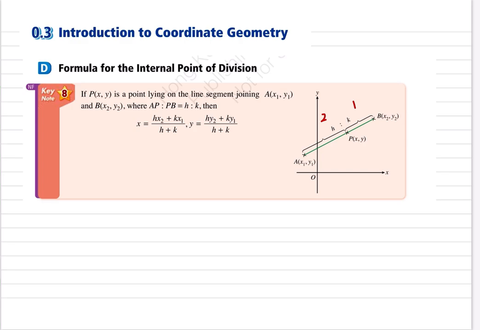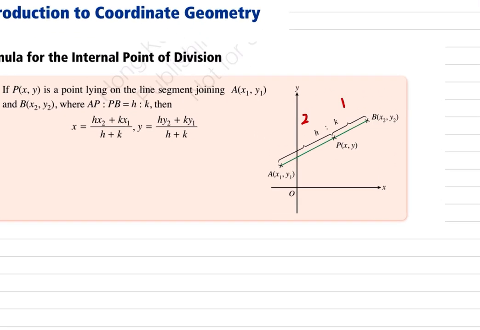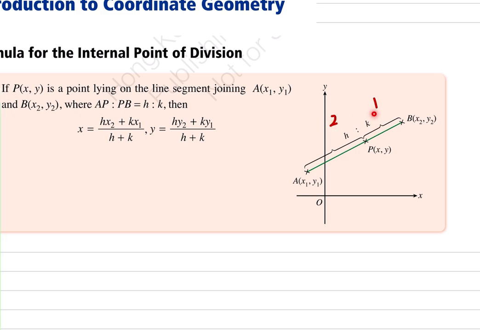And then the other, we call it the internal point of division. So what is that? That means this time the ratio is not 1 to 1. This is not the midpoint, but maybe some other ratio, let's say h to k. You can imagine that h to k is, let's say, 2 to 1.